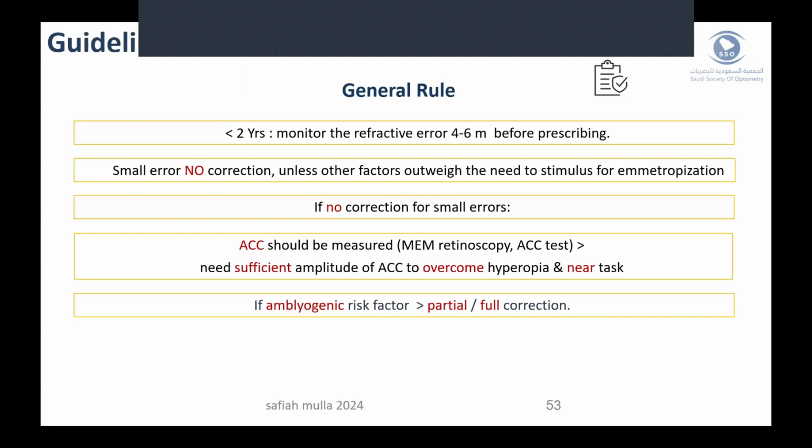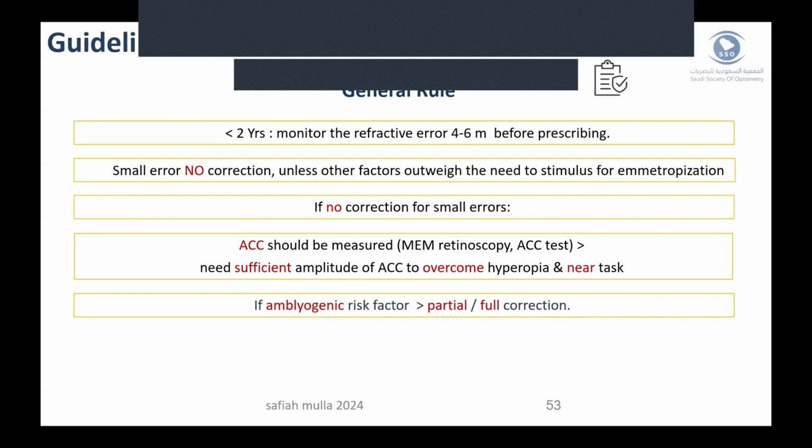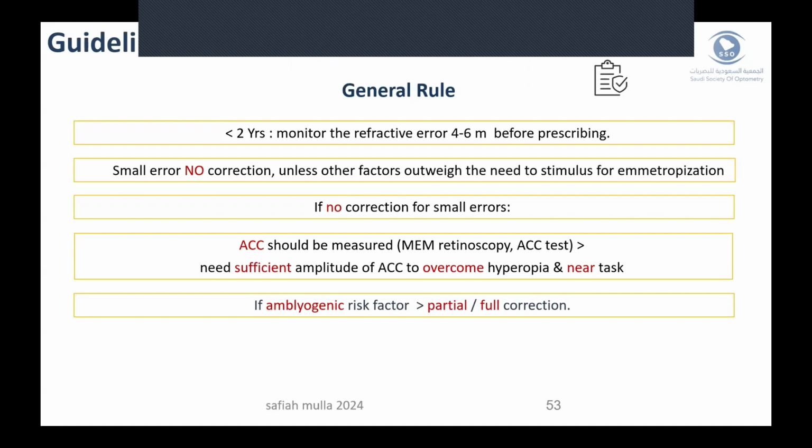If you decide not to interfere for the small error, then you have to check the accommodation. It should be measured to be sure that the child has no over or under accommodation. You can use different methods such as monocular estimation method retinoscopy or the accommodation test to find out the accommodation level, because the child needs sufficient amplitude of accommodation to overcome hyperopia in near tasks.